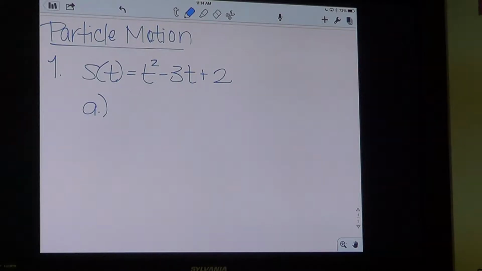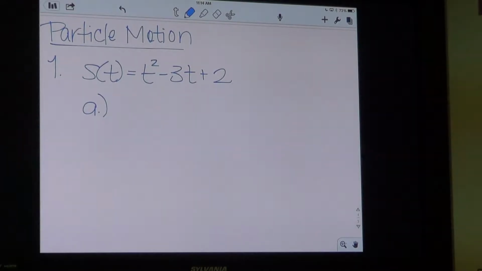We need its final position, as opposed to its distance. We're actually going to have to find the beginning position and the final position, and then subtract them.